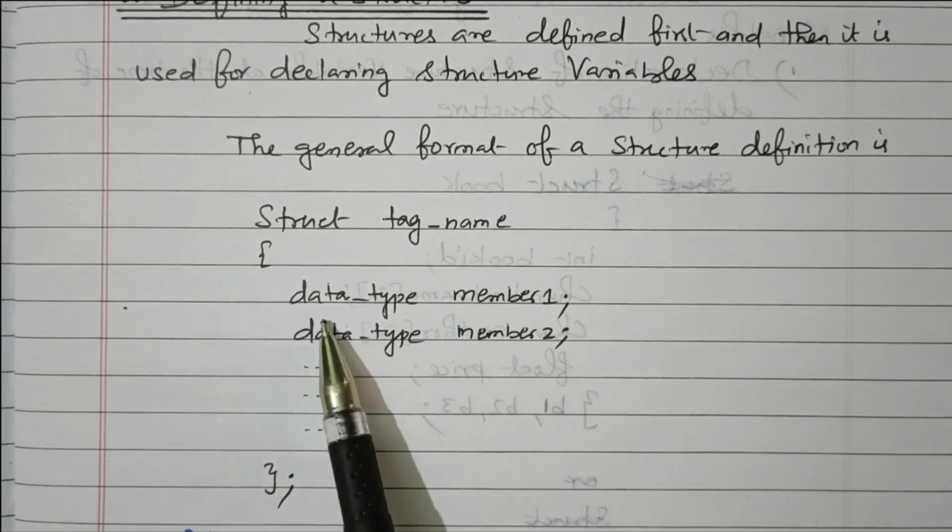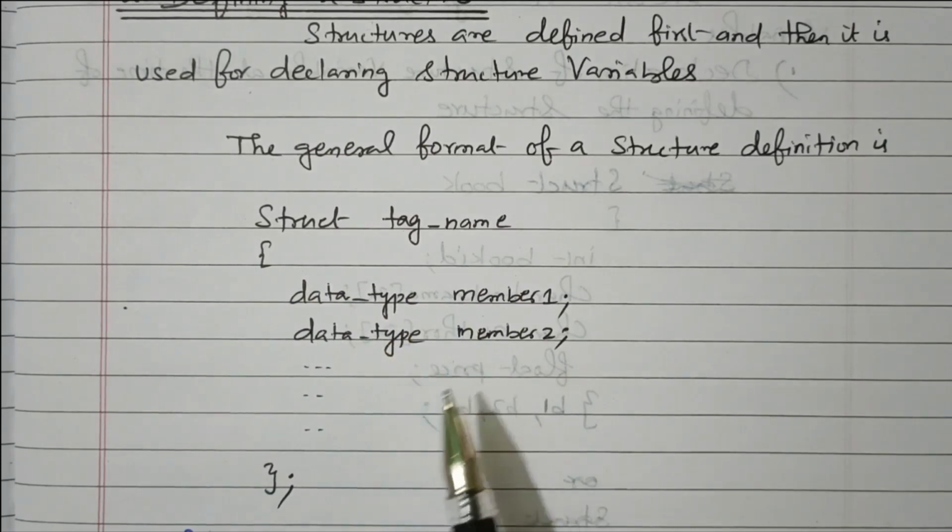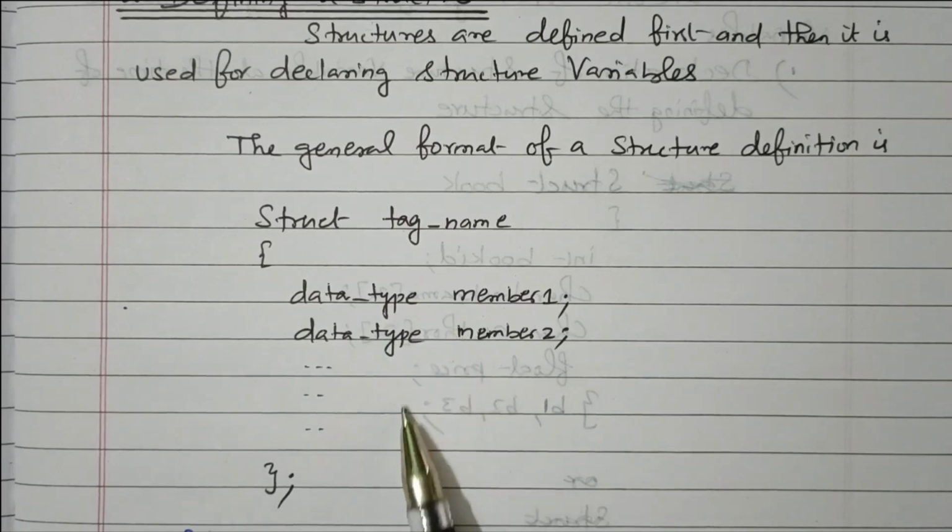Then open the brace. Inside, the data types are declared. Data type member 1, data type member 2, like that related data are declared here. Then close the brace with a semicolon, right? So this is the structure definition.